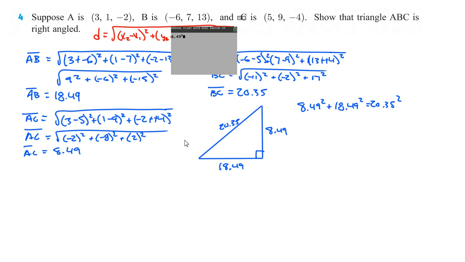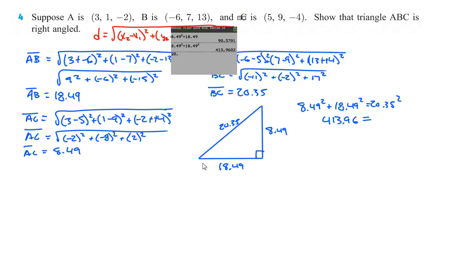8.49 squared, and if it works, it should be pretty close. We did round these off, so it's not probably going to be exact, but it should be pretty close. So this gives us 90. That's not right. Oh, I forgot to square this one. Squared. There we go. 413.96. Is that pretty darn close to whatever 20.35 squared is?